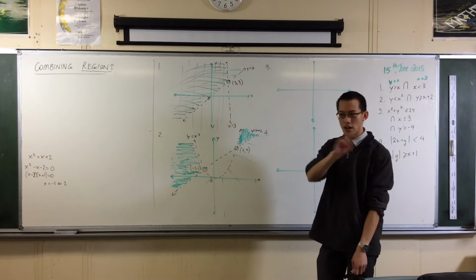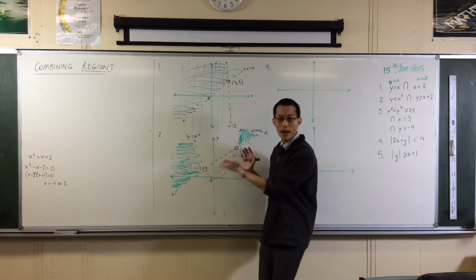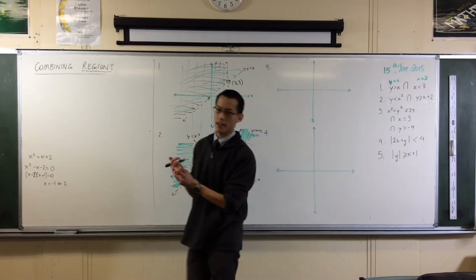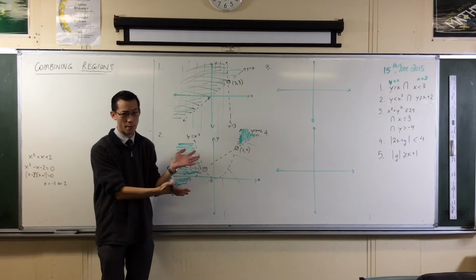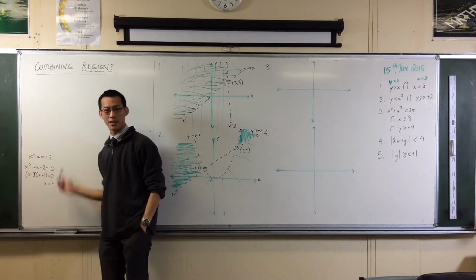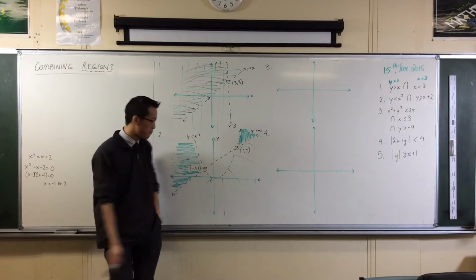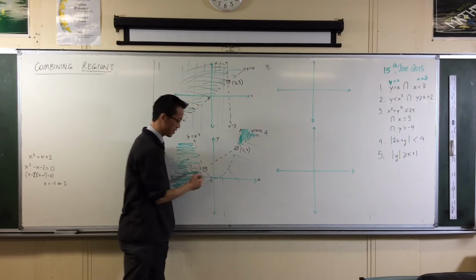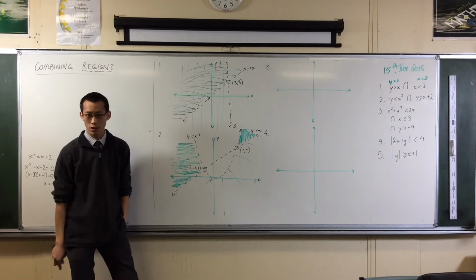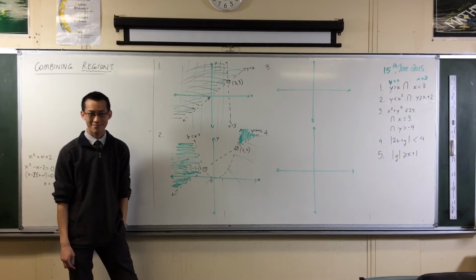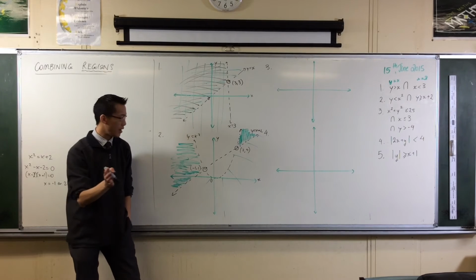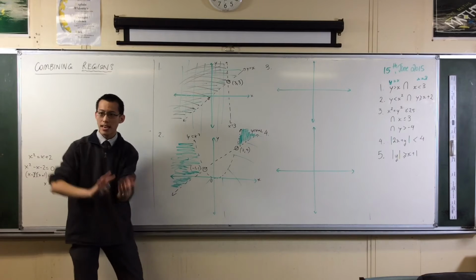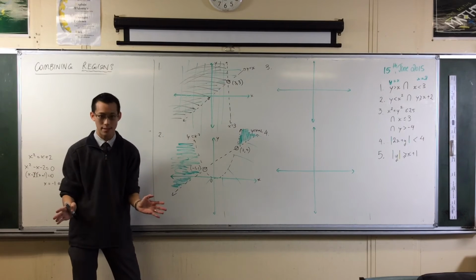Now, there are two things left. Firstly, I've already put the intersection points on. The intersection points are always going to be part of the useful information. So you can see I quickly computed the x values and then I popped them into y equals x plus 2 to get their coordinates. Are they included or not? No. Is it included in some and not others? I need to satisfy all the inequalities at the same time.